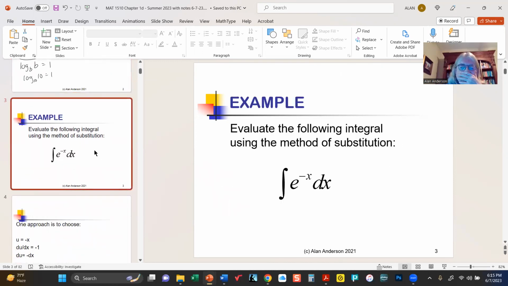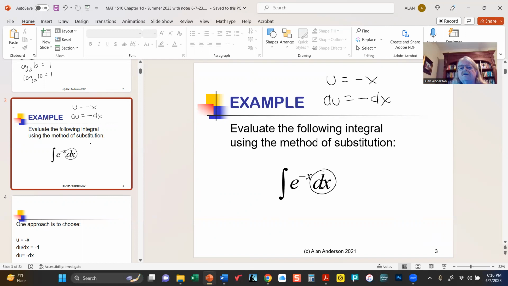Now here, for example, it's e to the minus x. You might say, wow, what do we do now? So here's what we're going to do. When you have e to the x, we're going to use the method of substitution, but maybe in a way that you weren't expecting. Let's choose u to be just the exponent, not e to the minus x, but just the minus x. Now, the reason why you know that this is going to work is because remember what we're trying to do. We have to make sure that everything else in this expression is either, in this case, dx, or at most, it's different by a constant.